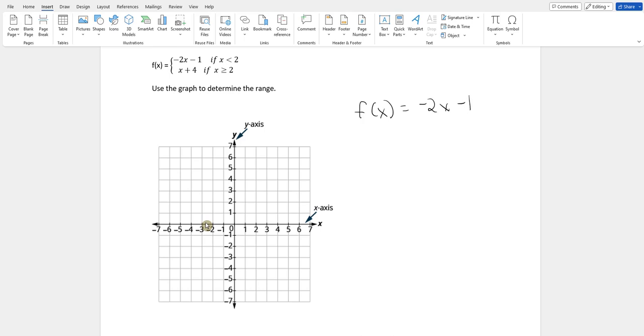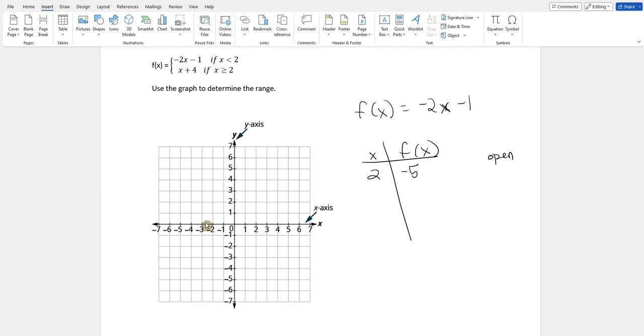Once again, we have to do this for values that are less than 2. So I'm going to include 2 in my calculations, but I am going to do an open circle. So when I plug 2 back into this function, I get negative 5. 2 times negative 2 is negative 4. Negative 4 minus 1 is negative 5.